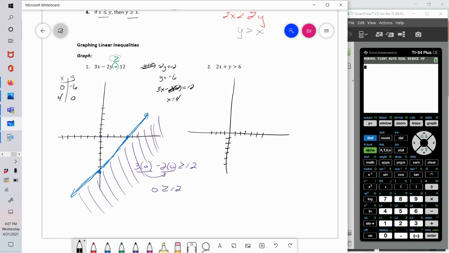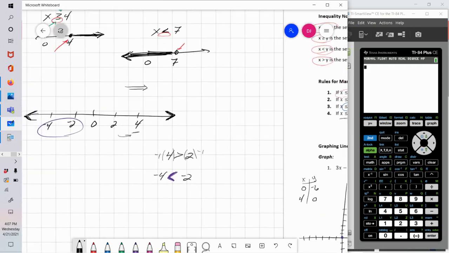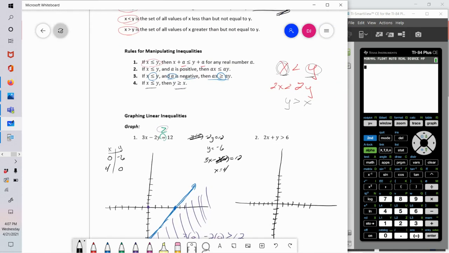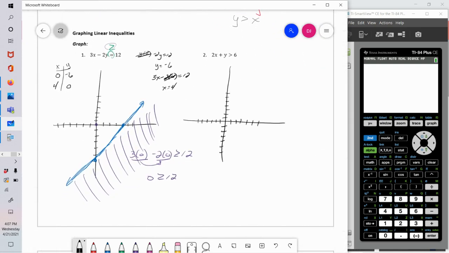Now, the work we did before, graphing on the number line, I wanted to point out to you the difference between when we're equaling 4, when we're greater than 4, including the point, not including the point. Same thing applies here, just in 2 dimensions. With the equal to, that includes the line. Greater than means we're not going to actually include the line.